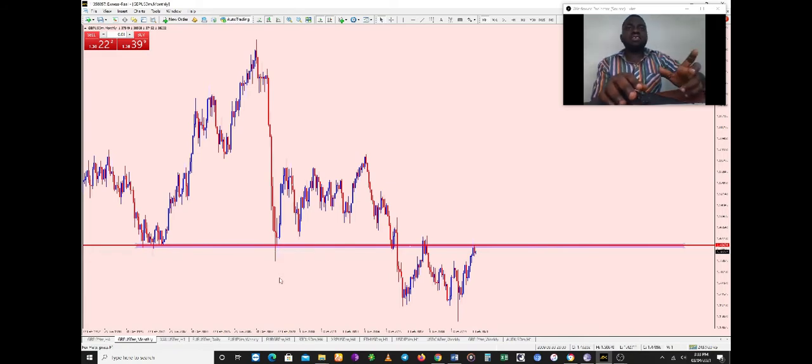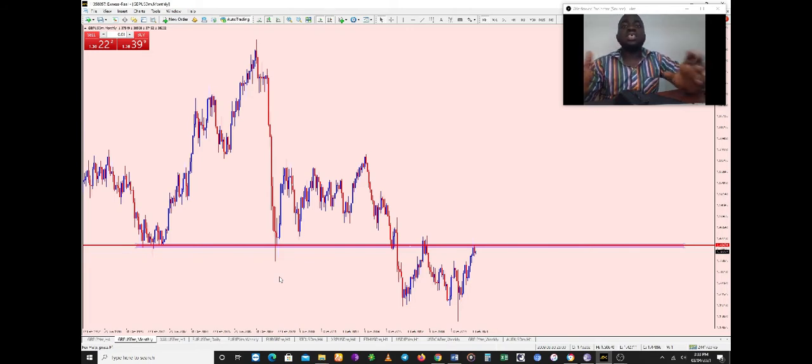But the second feature of support and resistance is that a support that is broken becomes a future resistance. First, I said support and resistance is not one thin price. The second feature is that a broken support becomes a future resistance, and a broken resistance becomes a future support, guys.